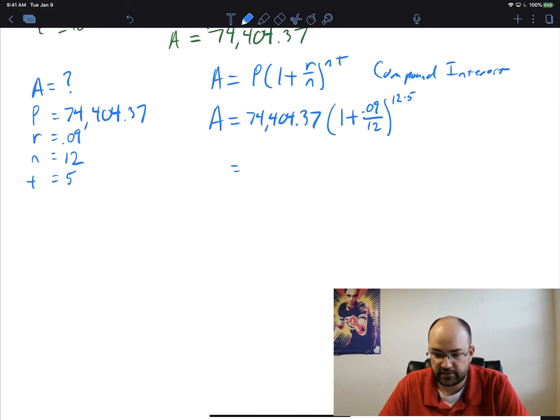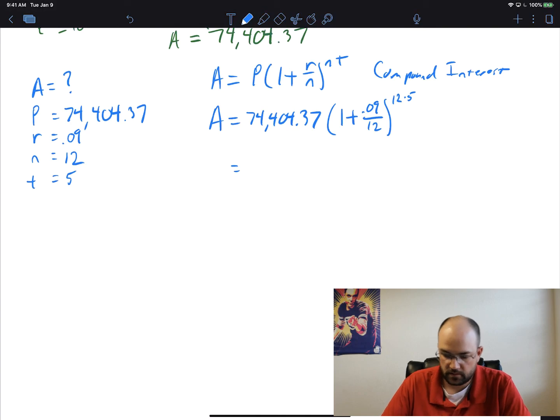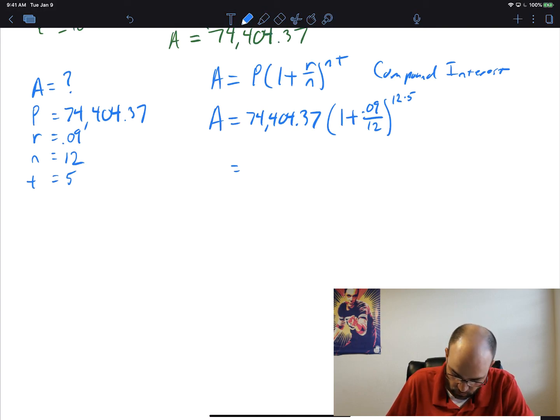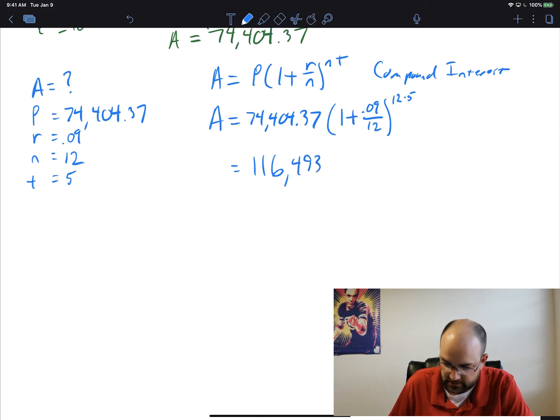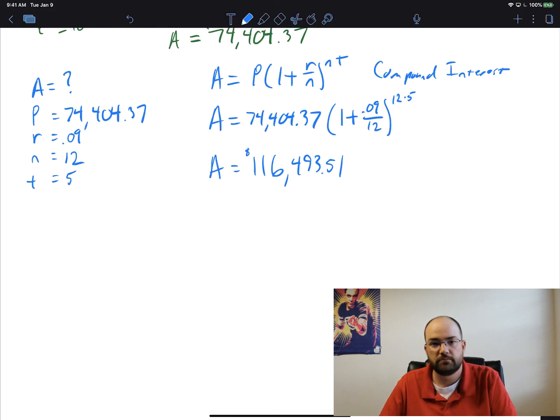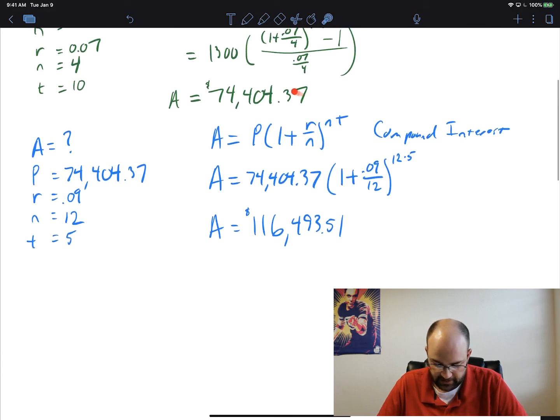So I'm going to go ahead and type that in. And here's what I get. $116,493.51. Good deal. So there you go. That is the future value from having taken the accumulated value and just put it into a bank account.